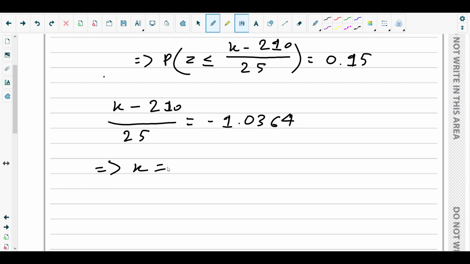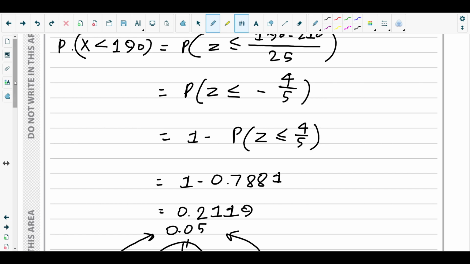Negative 1.0364 times 25 plus 210 would give you 184.09, the maximum weight of a fruit such that it will still be considered as a small fruit. It is 184.09.